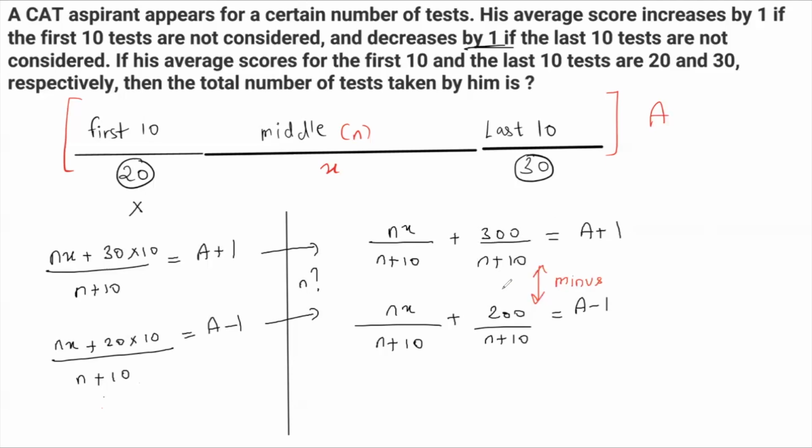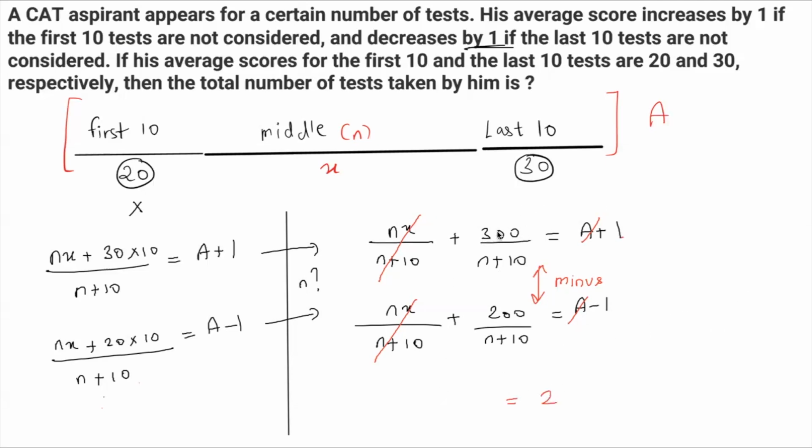When I subtract these two equations, nx upon n plus 10 minus nx upon n plus 10 cancels out to 0. A plus 1 minus A minus 1: A and minus A get cancelled. On the right hand side, 1 minus minus 1 simply becomes 2.